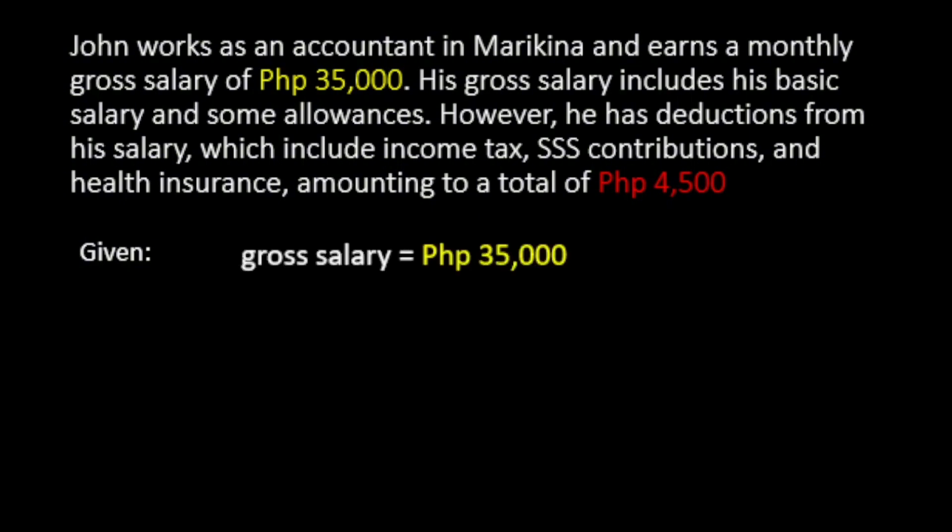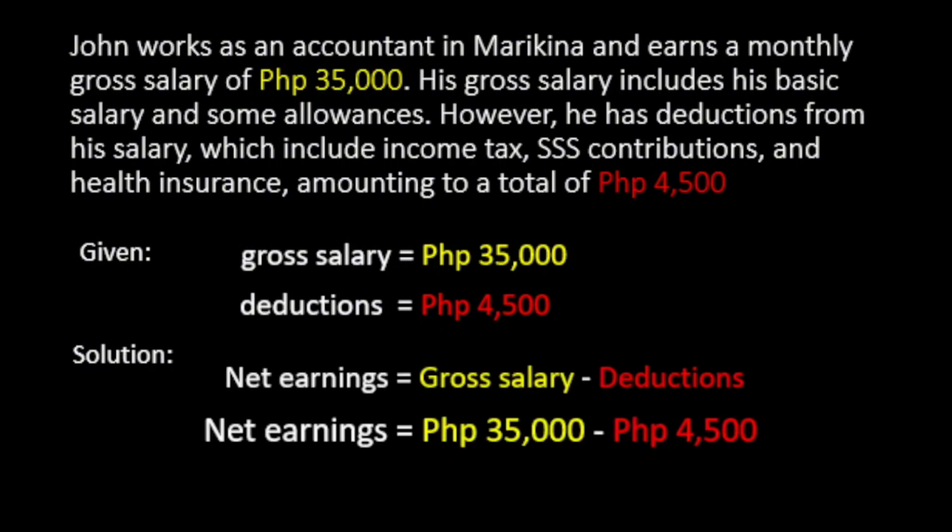So we are given the gross salary, which is 35,000 pesos, and deductions amounting to 4,500 pesos. To find John's net earnings, we need to subtract his deductions from his gross salary. So John's monthly earnings is 30,500 pesos.